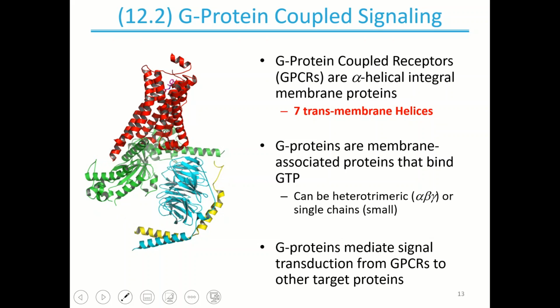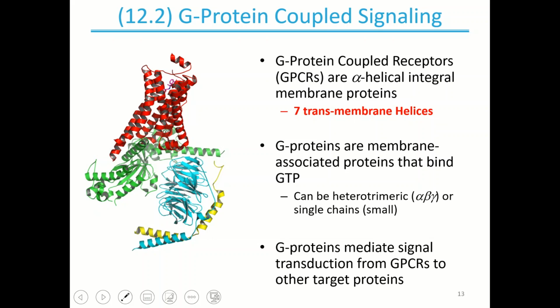Those G proteins are membrane associated proteins. They're not integral membrane proteins. You would really consider them peripheral membrane proteins. They have a very small anchor that keeps them associated with the membrane.